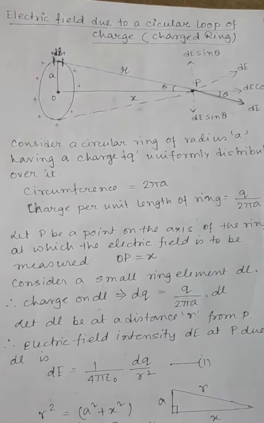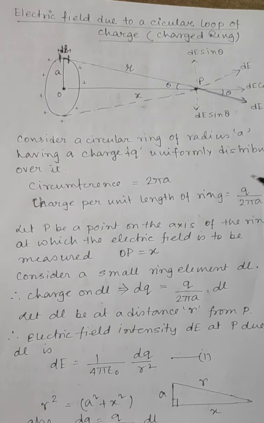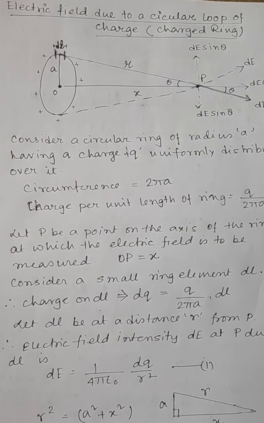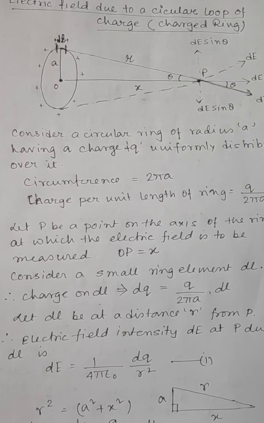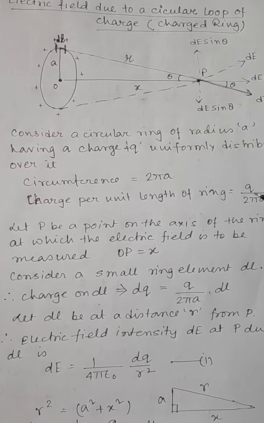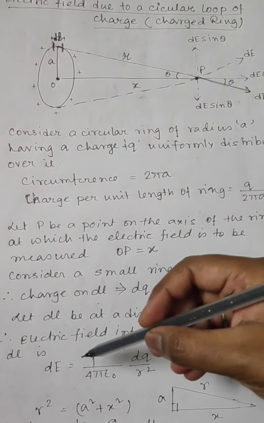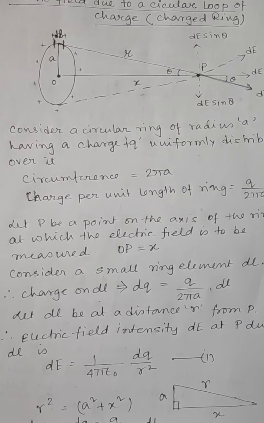Now let's see what is the value of dE. We know that the formula for electric field is 1 by 4 pi epsilon naught q by r square. We have proved it previously. So here dE will be 1 by 4 pi epsilon naught dq by r square.